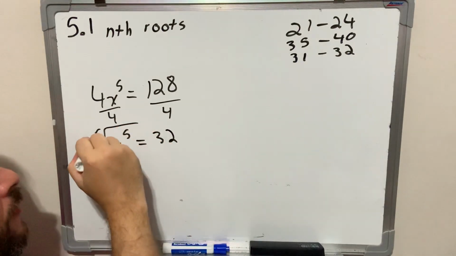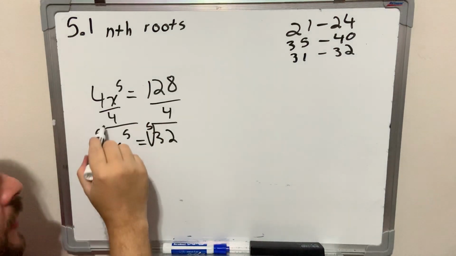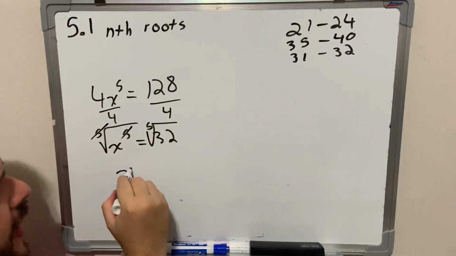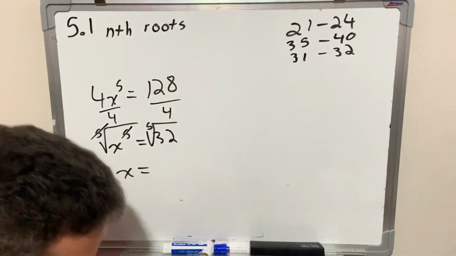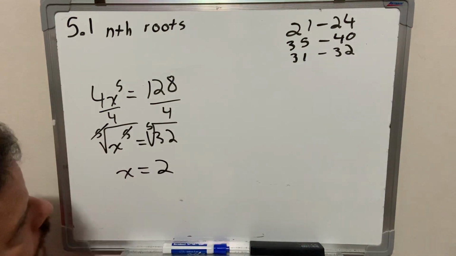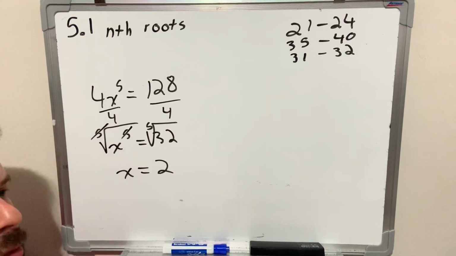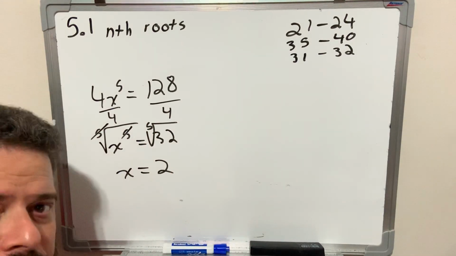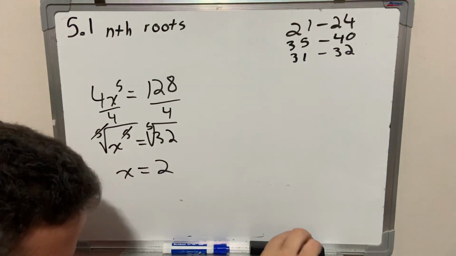Now I do the 5th root, this cancels this, and the 5th root of 32 is 2. That's pretty much it. Remember, odd roots do not have positive and negative answers. They just have one answer. That's why it's 2.